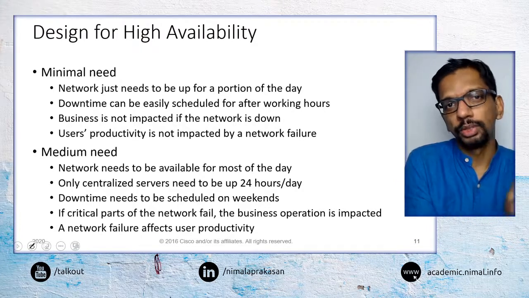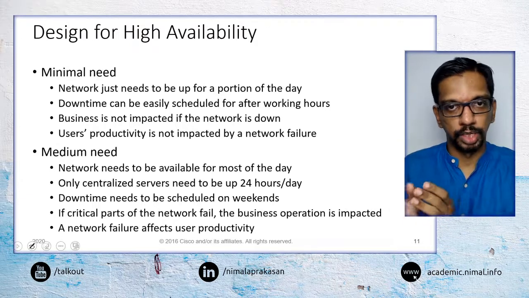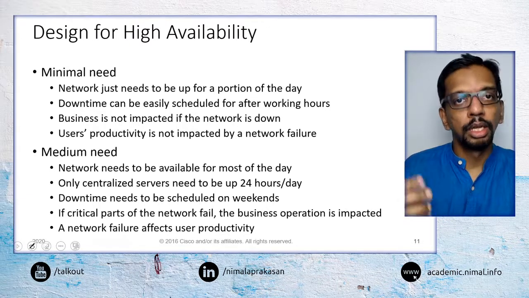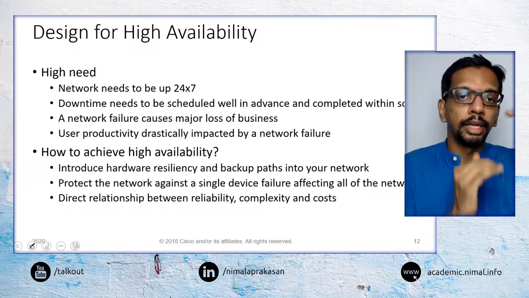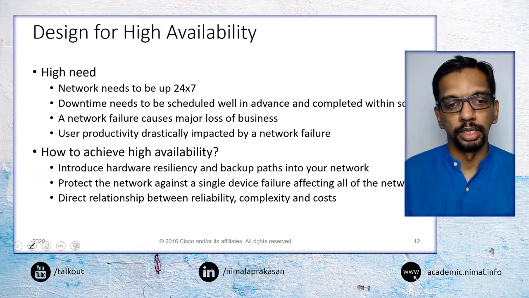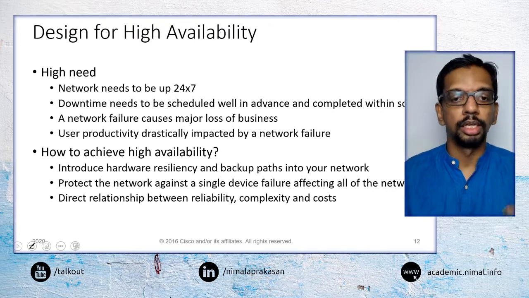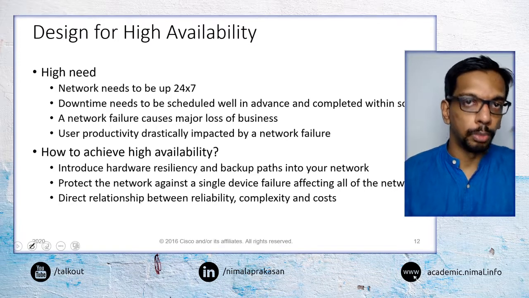How the impact to the network will also differ from these different types of network. But one of the main considerations that we will have is about the high need networks, so networks that need a high level of availability. So these are networks that need 24/7 access. Downtimes have to be scheduled much in advance.